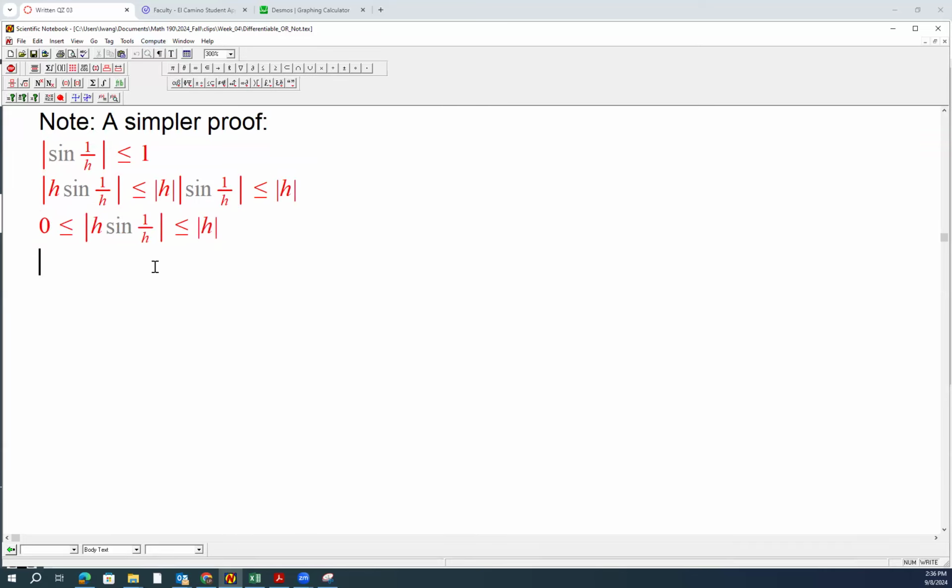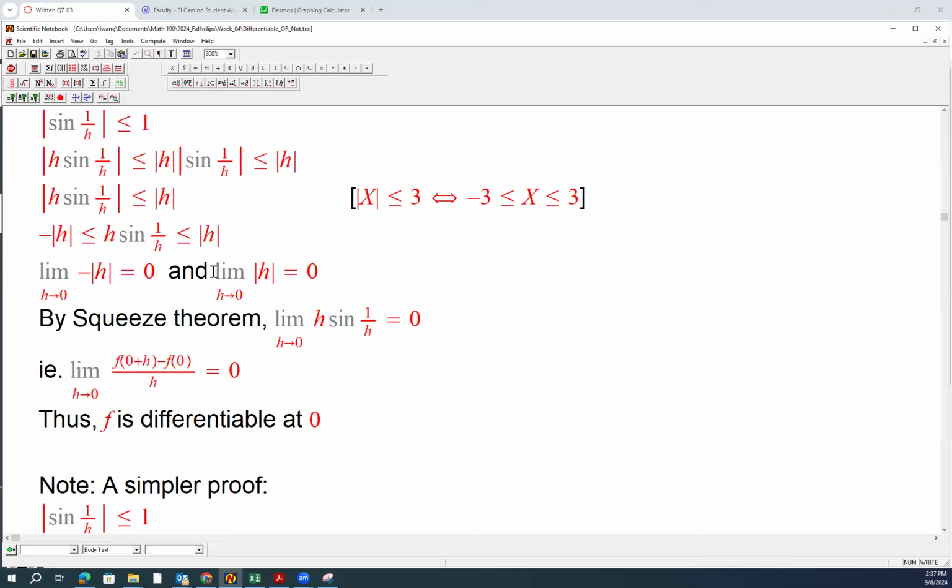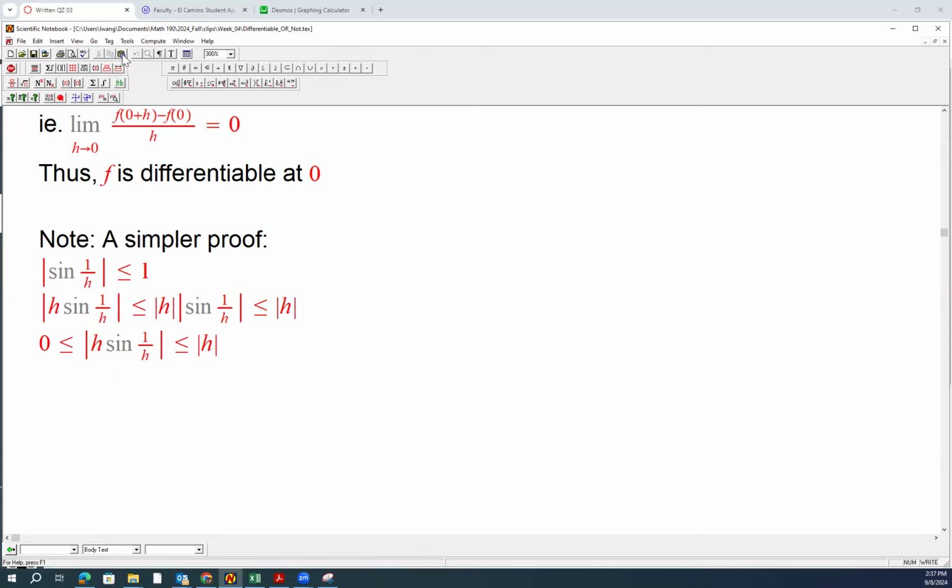This is always true, no matter what h is. So this way, that function is squeezed in between. Next, we just need to bring this with us. Since this is approaching a limit equal to 0, the limit of 0 is 0.